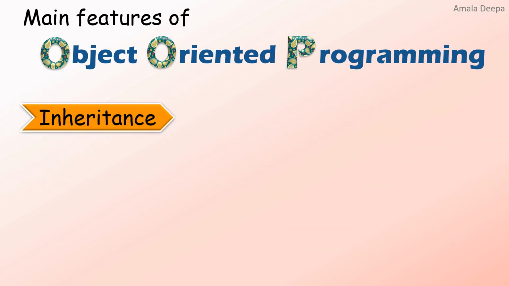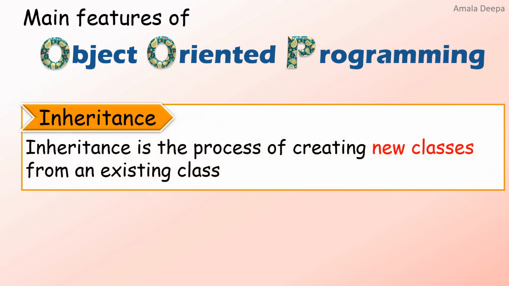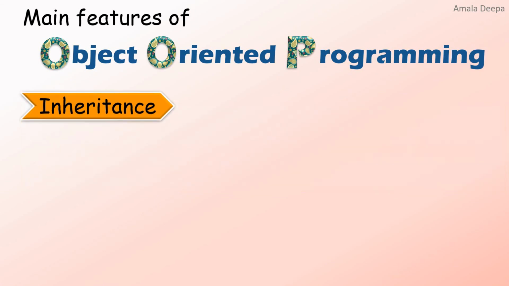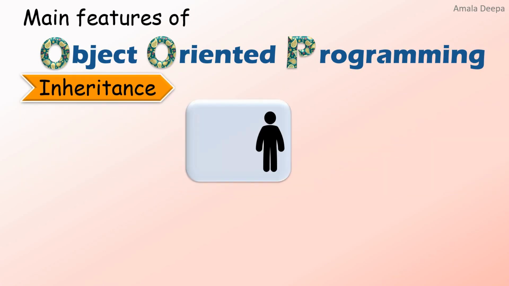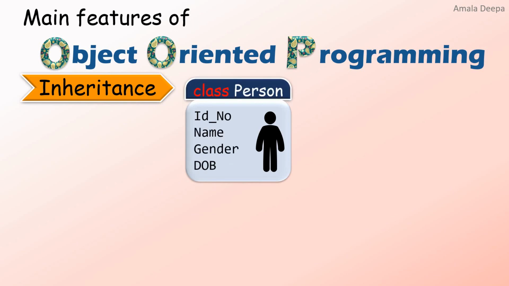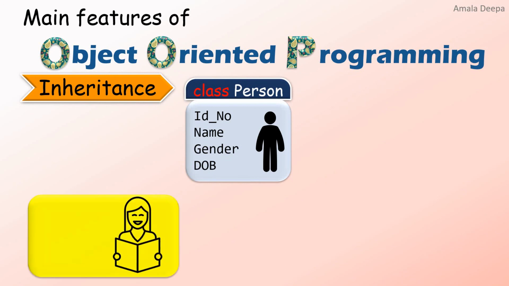Inheritance. Inheritance is the process of creating new classes from an existing class. I will explain the concept of inheritance with an example. Suppose I have a template for the object person, defined as class person. And then I want to create a new template for a student object as class student.